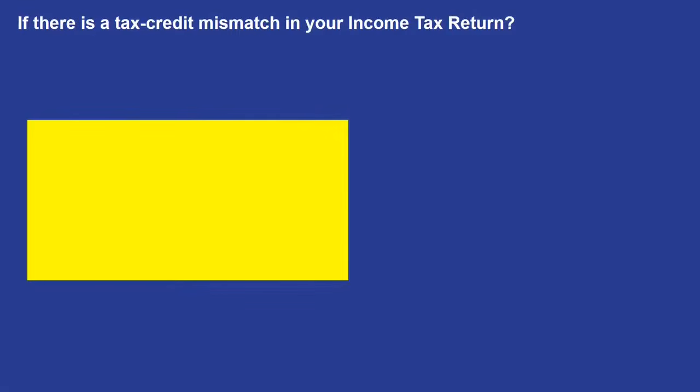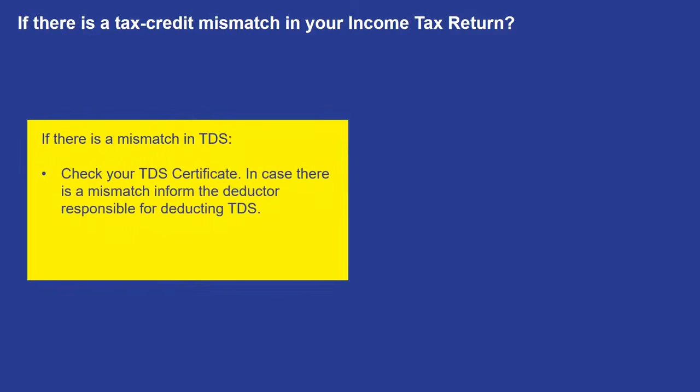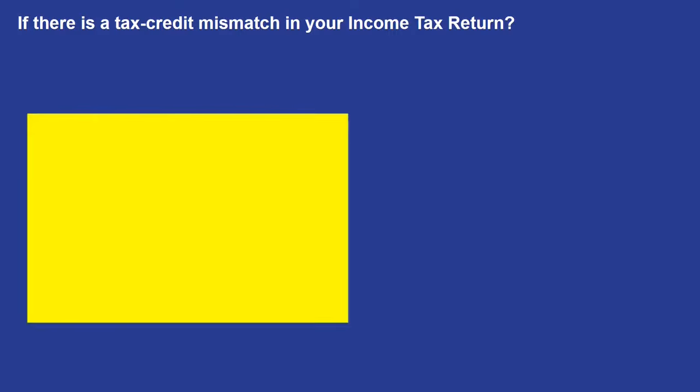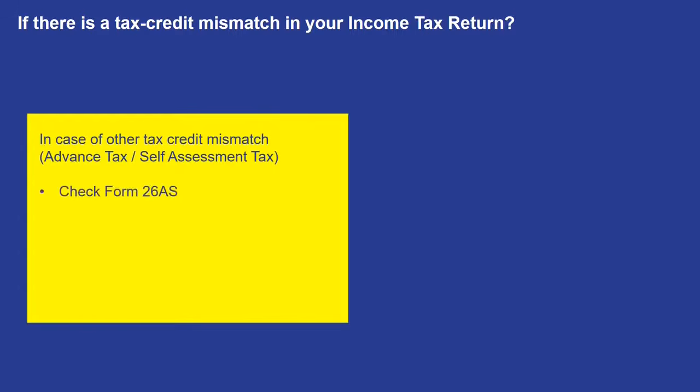Please note that if there is a mismatch in the TDS, you need to check it against your TDS certificate. If there is a mismatch, please inform the deductor responsible for deducting the TDS. The deductor can file a revised TDS return, else you can file a rectification request. In case there is a tax credit mismatch with respect to advance tax or self-assessment tax, you can check your Form 26AS for the relevant period.